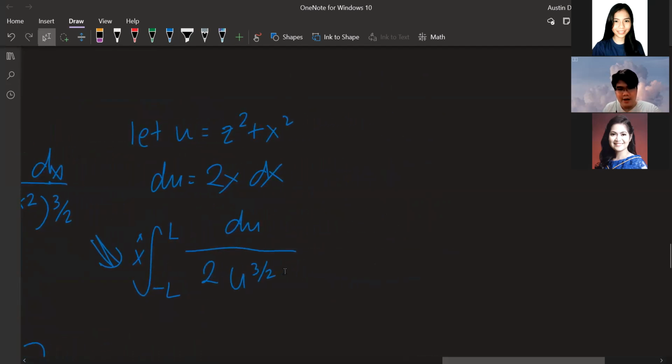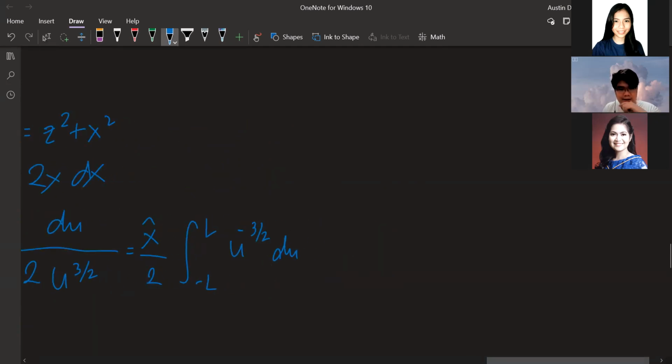And if we're gonna evaluate this, magiging ano to, di ba? Para hindi tayo mahirapan sa buhay natin, gawin mo to. U raised to negative 3 over 2 du. And this is just fairly straightforward na integral.